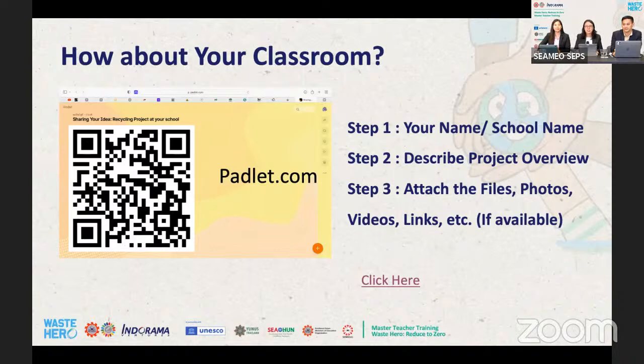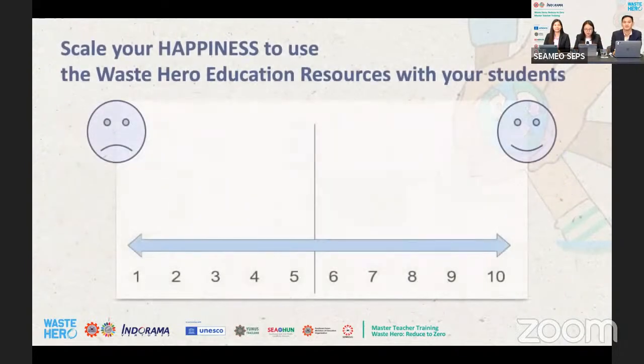Before we get to the last session today, I would like to know, how do you feel today? Could you please scale your comfort or happiness to use the Vasco Education resources with your students? 10 is the highest score if you feel much happiness, and 1 is the lowest score if you are still concerned about how to use it.